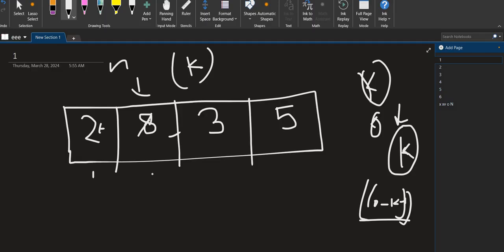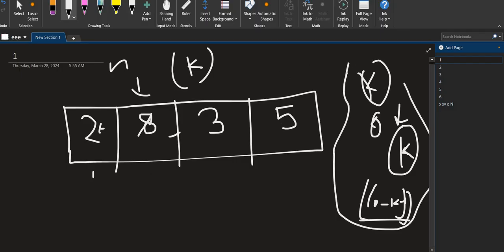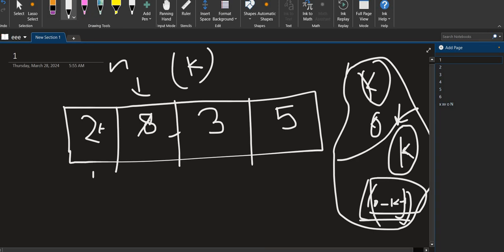If it's greater than k, then I have to bring it to these options. It should be either k or from 0 till k minus 1. Actually, 1 till k minus 1.